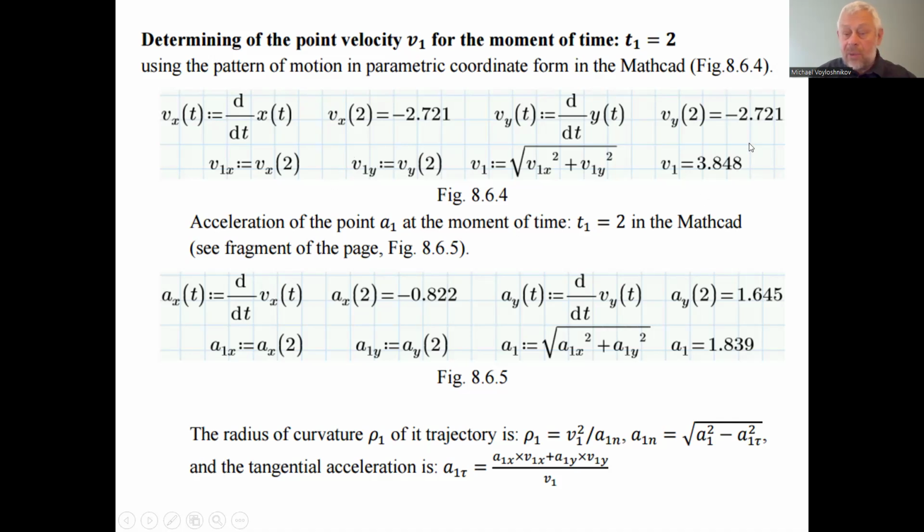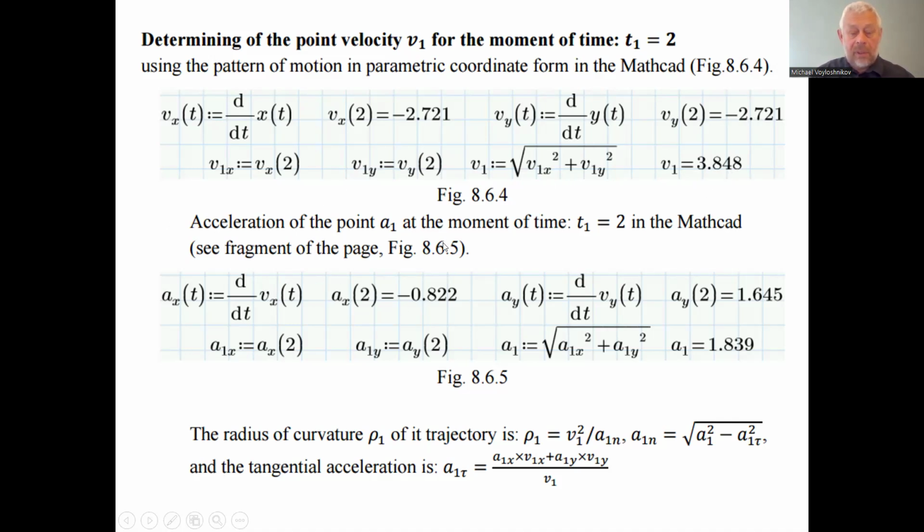We define another magnitude, the velocity on 2 times t equal to. Next, we can find the magnitude of the velocity by the Pythagorean theorem, as the square root of the sum of two squares of the orthogonal, perpendicular components of the velocity. We find the velocity magnitude of 3.848.